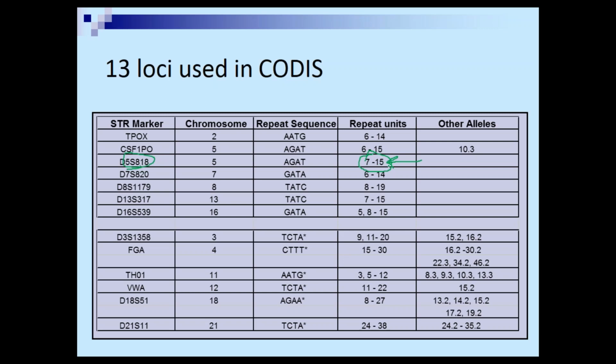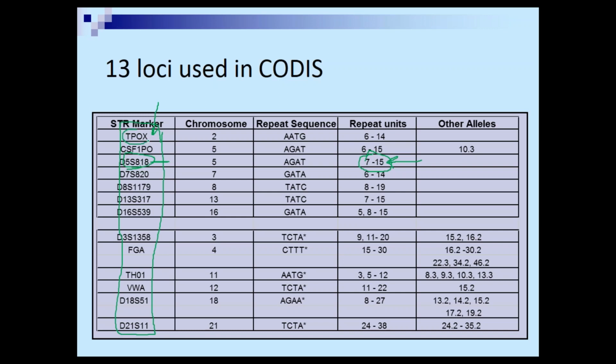All right, now we're going to get into details later. But that's the reason why forensic scientists don't just look at one area, don't just look at one locus. They look at 13 loci. And this is the list of all 13 loci. What you'll notice is the names that they have are kind of funny.